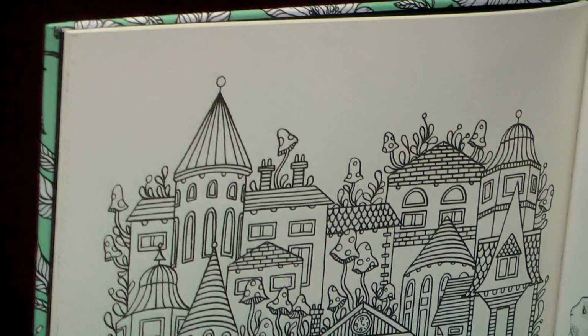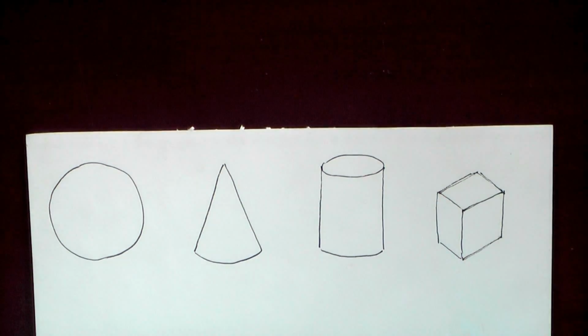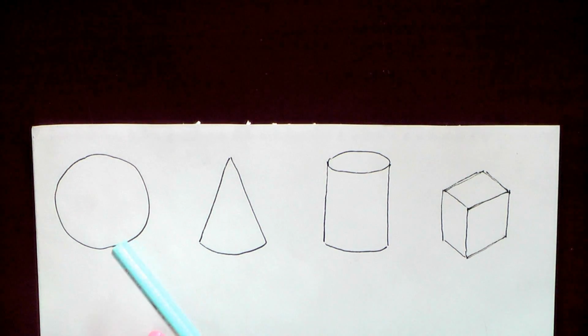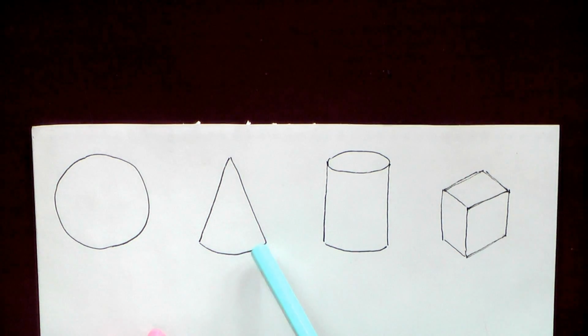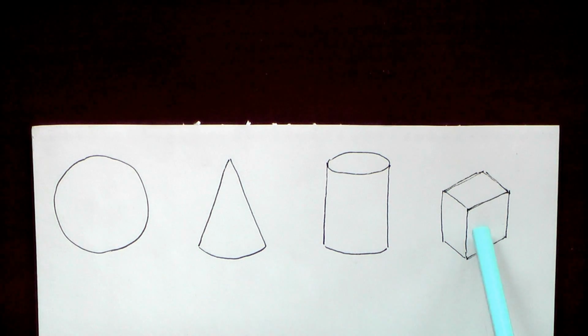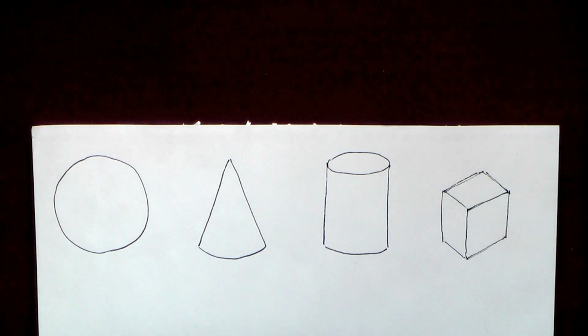And for doing this, we need to understand how to shade basic forms. We have four basic forms. It's a sphere, it's a cone, it's a cylinder, and it's a cube. I hope that I pronounce it correctly.